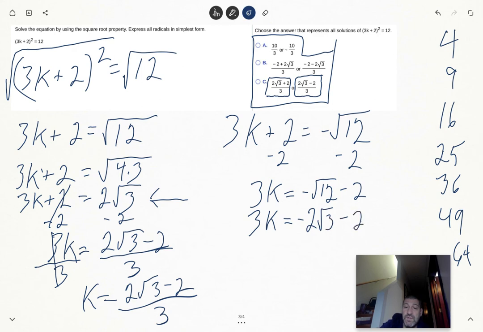Divide by 3, and that gives us k equals negative 2 square root 3 minus 2 over 3.